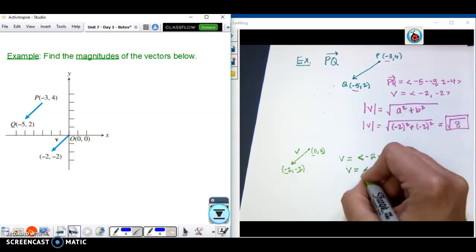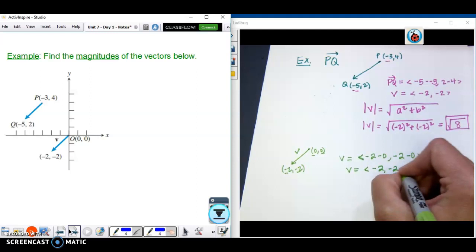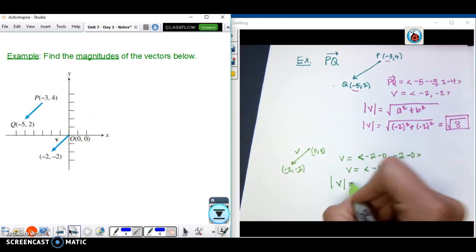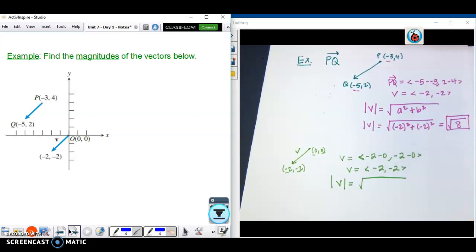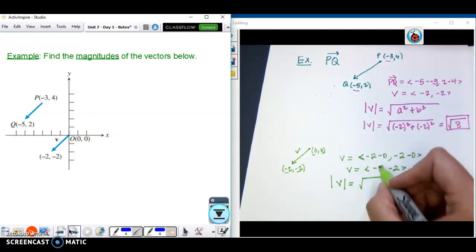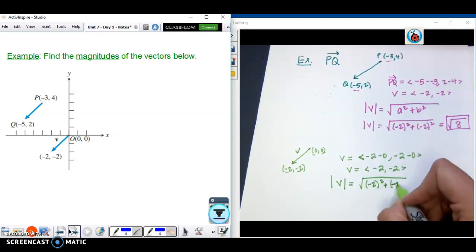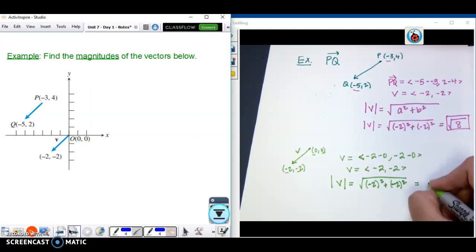So our vector is negative 2, negative 2. If we want to find the magnitude, or the length, of that vector, we take the square root of A squared plus B squared. A refers to the x component, B refers to the y component. So this is also going to be the square root of 8.